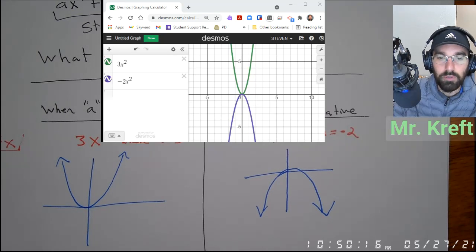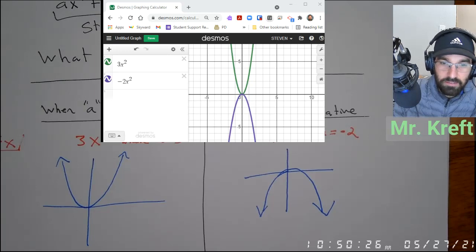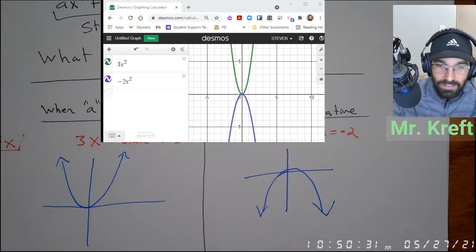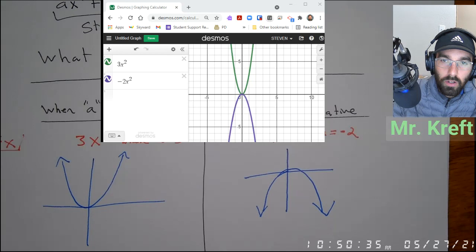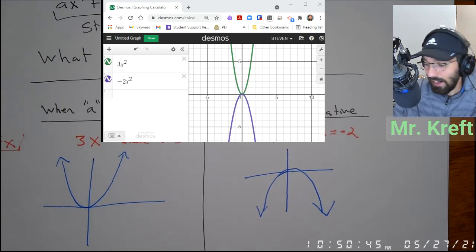And when it's positive, what does the graph look like versus negative? Share it in chat. Be more descriptive than "the opposite," because that's assuming there's a standard.